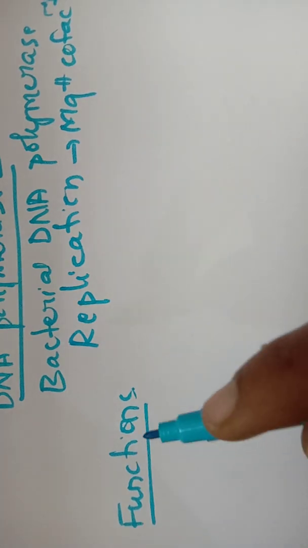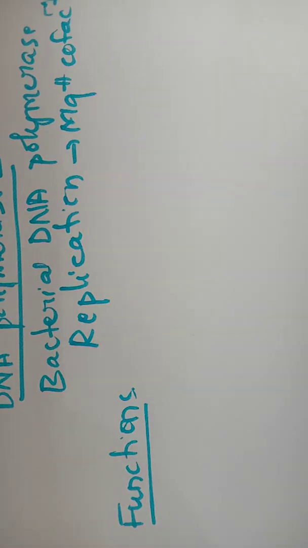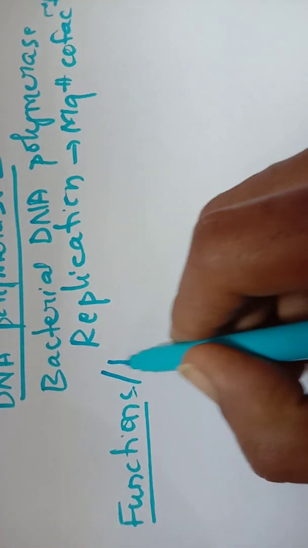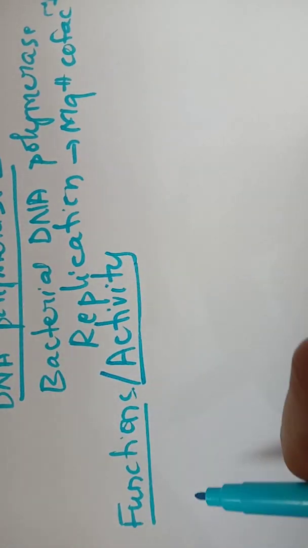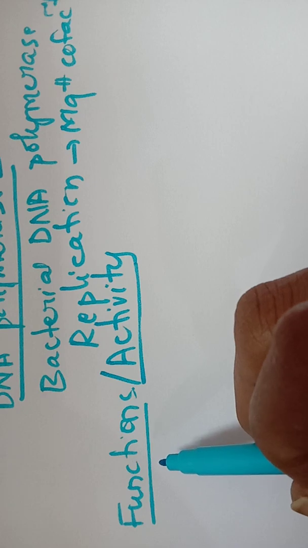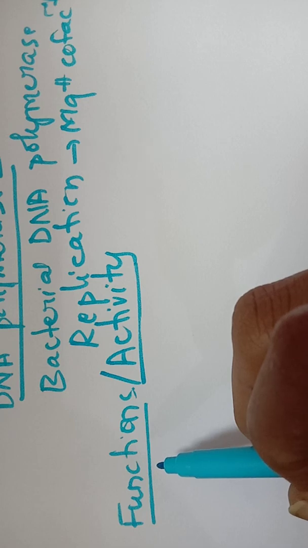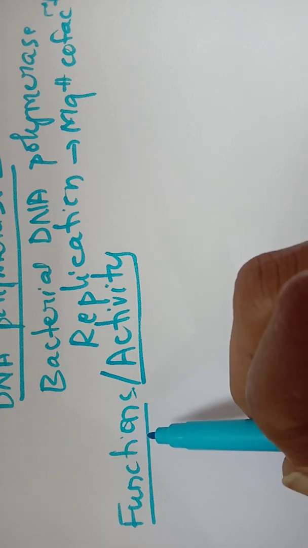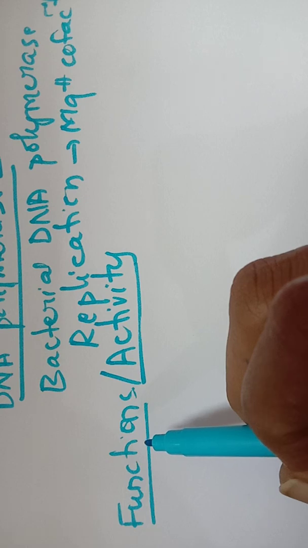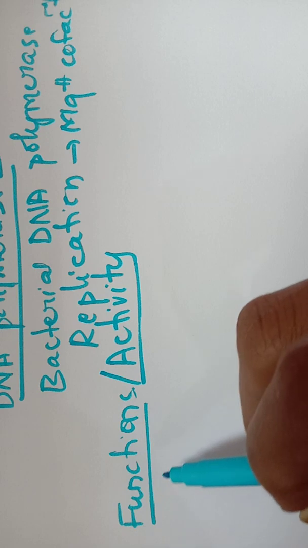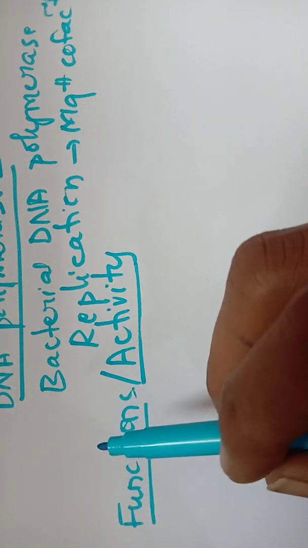Coming to the natural functions of the enzyme, so functions or activity. You should know the difference between function and application. Function means naturally what that particular enzyme is there for, what work it has been allotted by nature to do.